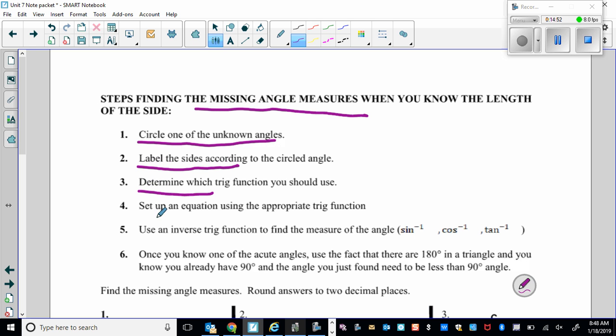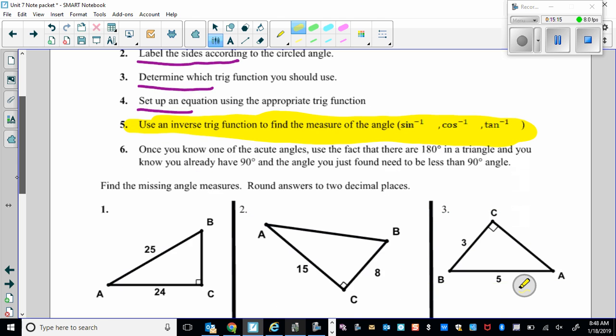Set up the equation, and then this is what makes it very, very important, because this is where everything changed for this piece, which is now I'm going to do the inverse function. Okay, because I don't have an angle now. I want to know the angle. So you have to press second sine, second cos to be able to find it.